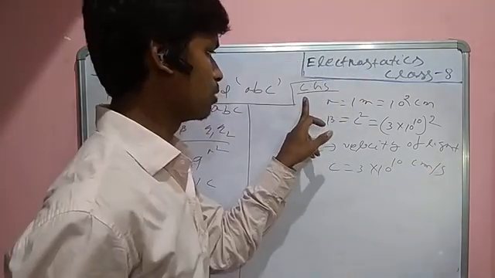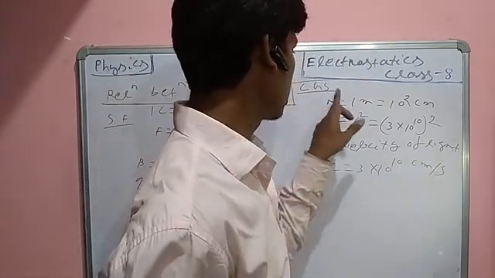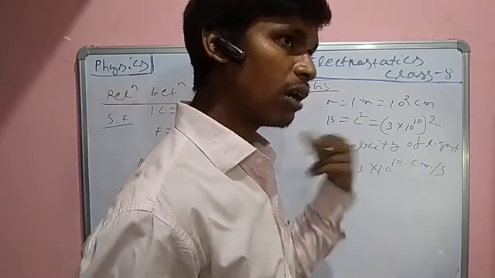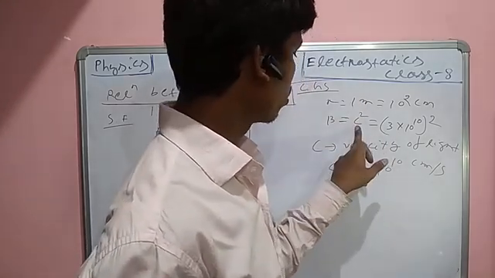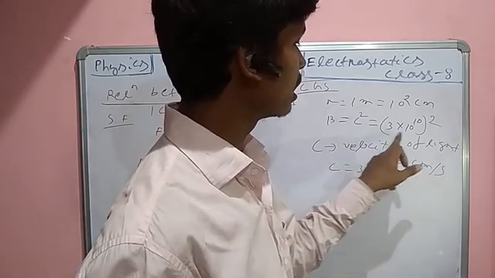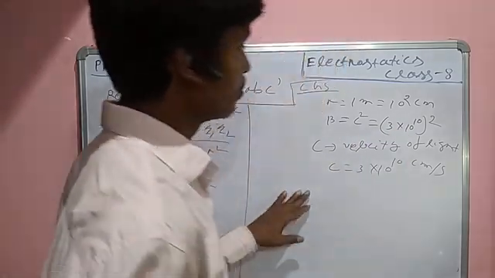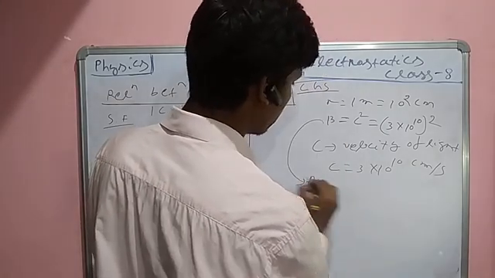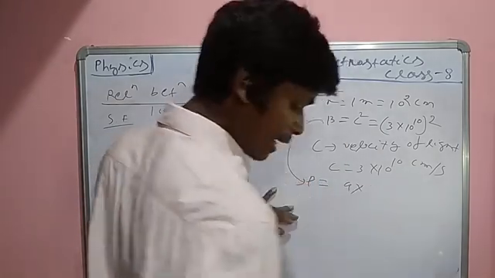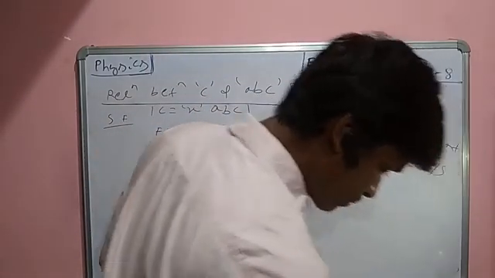In the CGS system, the unit of velocity is centimeter per second. So c, the velocity of light, is equal to 3 into 10 to the power 10 centimeter per second. So the value of beta is equal to 9 into 10 to the power what?